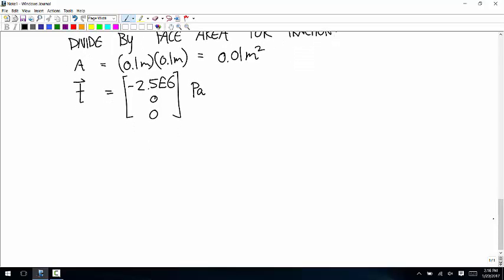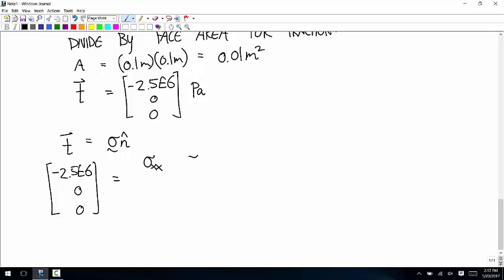Okay, so now we know that that traction vector is equal to the stress tensor times the outward facing normal. So negative 2.5 times 10 to the 6 is equal to, and I'm going to start with a general stress tensor. We don't know anything yet.